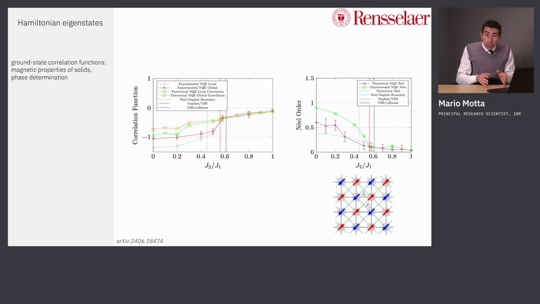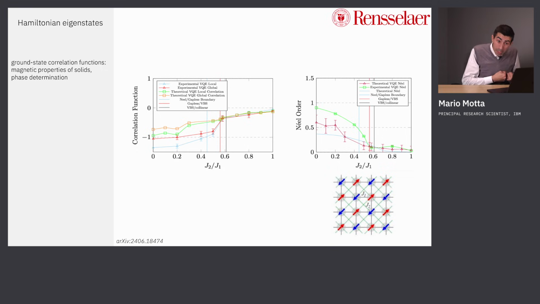I have been mentioning essentially ground state studies in quantum chemistry, but Hamiltonian eigenstates have a whole world of applications outside of it. I just quote you one small example briefly from Rensselaer Polytechnic Institute, which is looking at ground state correlation functions.